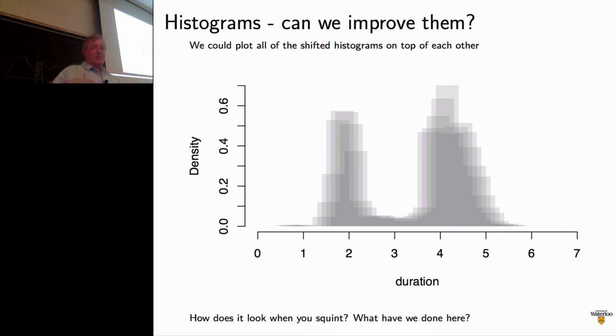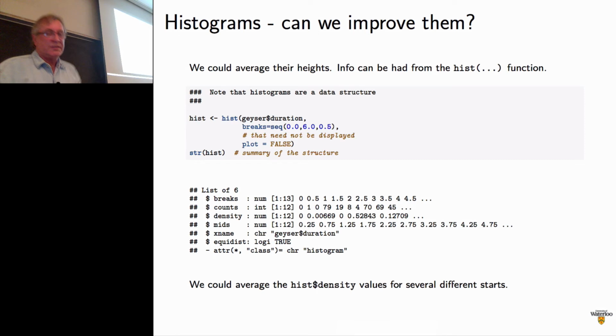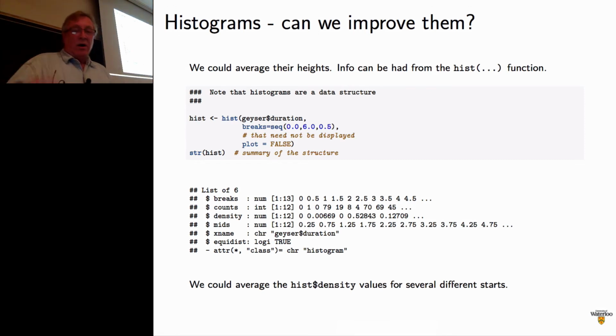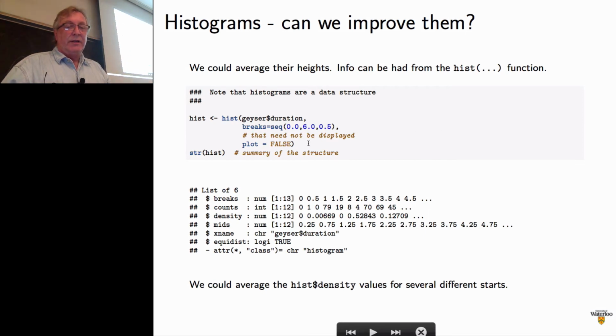You can also see some variability here, and how variable is that estimate? How variable is the histogram depending upon where the bins begin? So what we've done here when we squint and look at it is kind of average these things, smoothing out these histograms between one another. So let's make this a little more formal. In R, the histogram function will return a data object that has a particular structure. If I do a histogram and choose not to plot it, I can find the structure of that histogram.